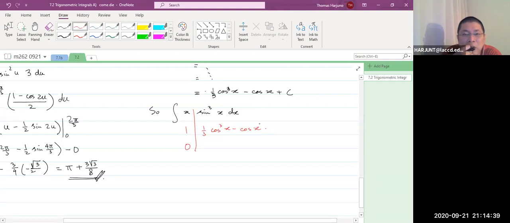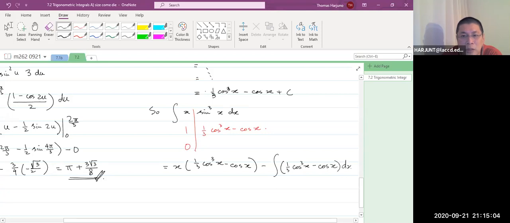This is what I really want to do. So this is equal to x times 1/3 cosine cube x minus cosine x minus integral of 1/3 cosine cube x minus cosine x dx. No, I didn't expect it to be that ugly.